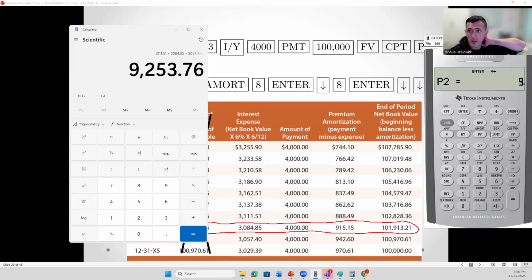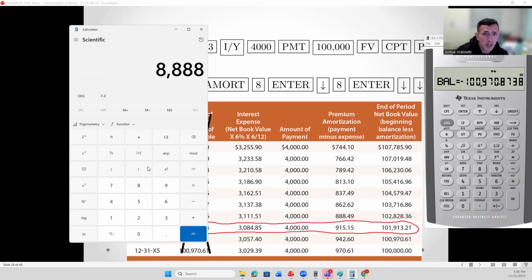So this is correct. 100,970.61. We're off by 16 cents, or they're off by 16 cents. Again, it's negative because this doesn't give you the addition of all these outstanding balances. That makes no sense. Why would we ever want to add these up? But you might want to know how much total principal you've repaid in a number of periods.